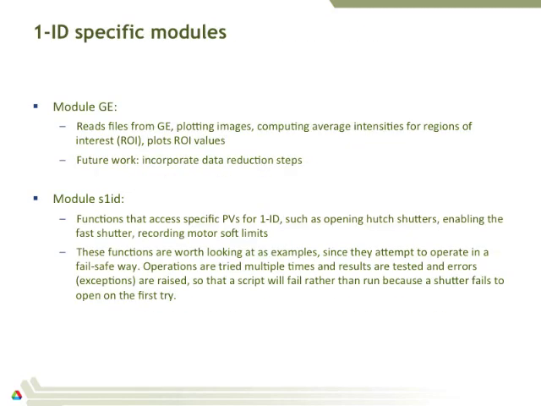Okay, to give you an idea of stuff that OneID specifically is interested in, module GE will read image files from the GE and generate ROI values, for example, from them. And it will do plotting and things like that. So to make it easier to work with the GE files, since the area detector itself doesn't pass back the data as of this point.